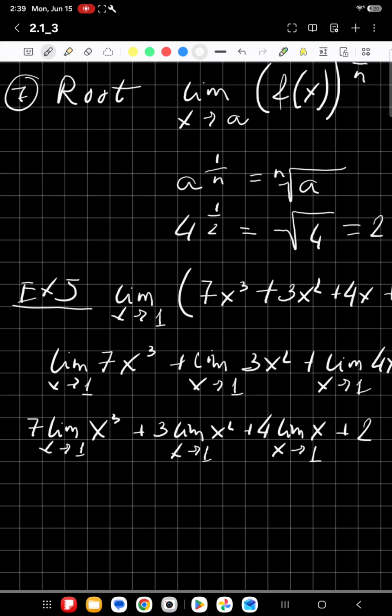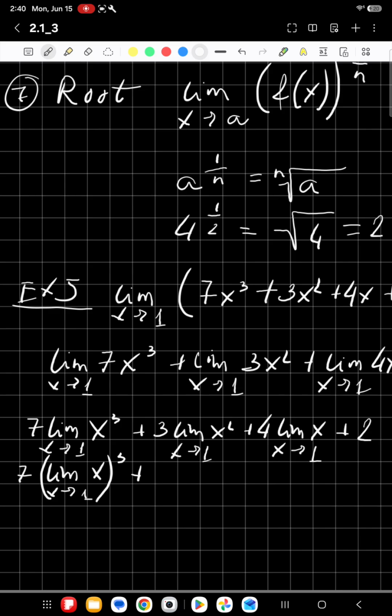Okay, so now let's use that property where I can take those exponents and put the entire limit under that exponent. So this will be 7, and then I have the limit x approaching 1 of x, and now this whole thing is under that exponent.